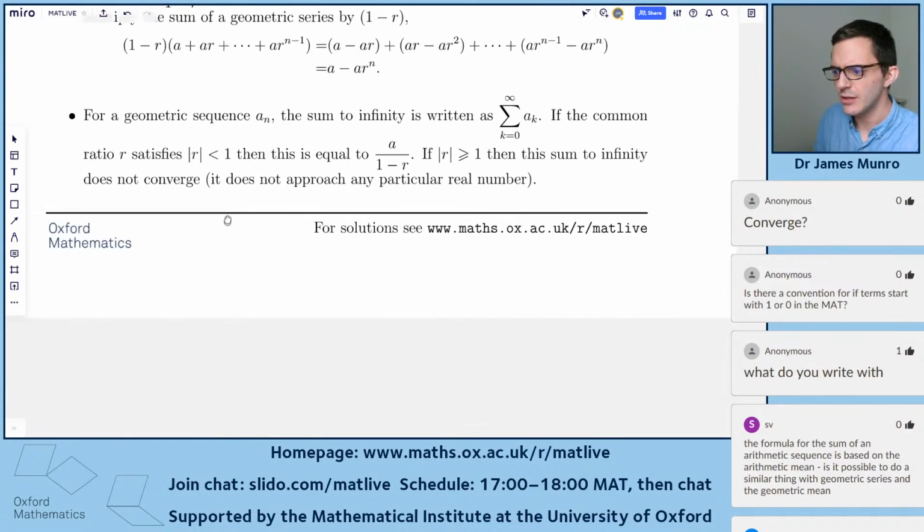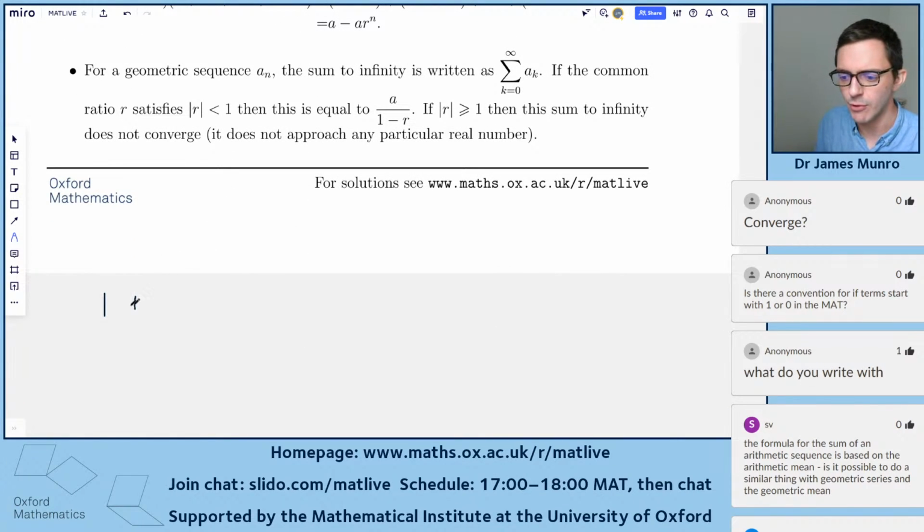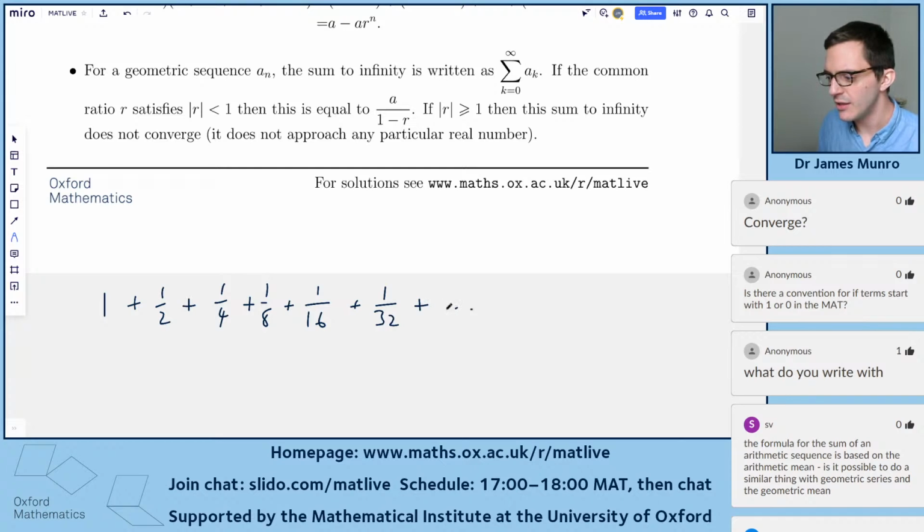Let me show you an example: 1 plus a half plus a quarter. The first time I met this, somebody showed me this one. If you just work out the first few terms and add them together, then this gets really close to, well, 1 3/4 is a good starting place.